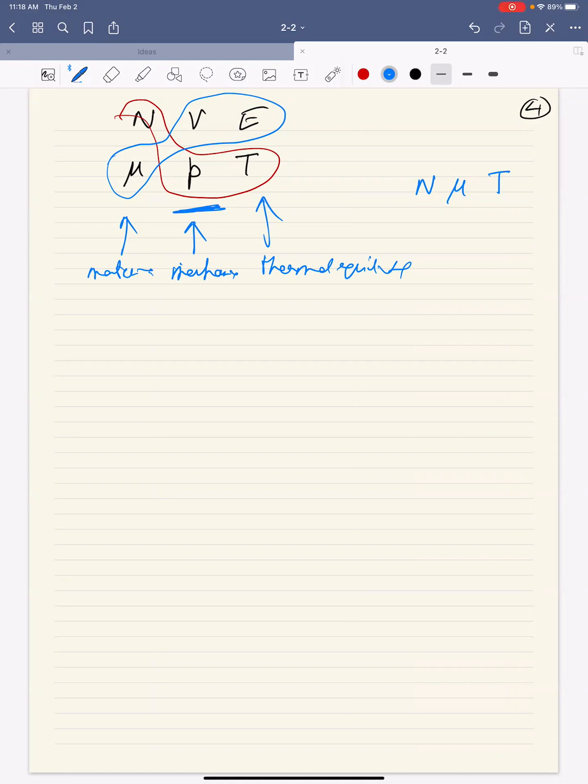In other words, when your control parameters are N, V, E, I will not go through all the state functions or other Legendre transforms. I want you to do it yourself. Even if you took 684, it's a good way to recap things.